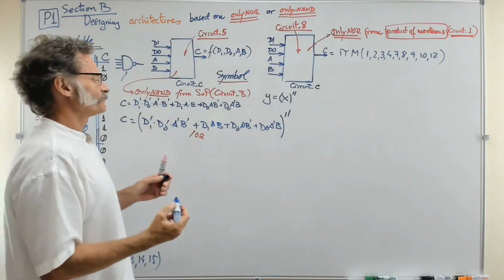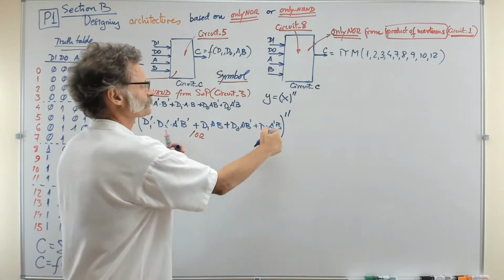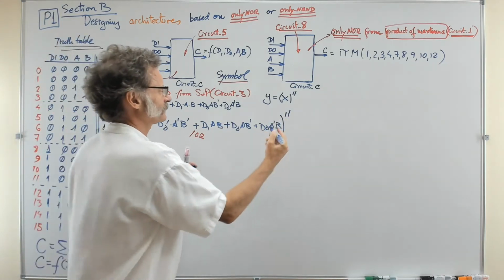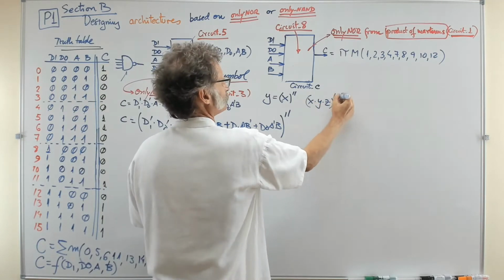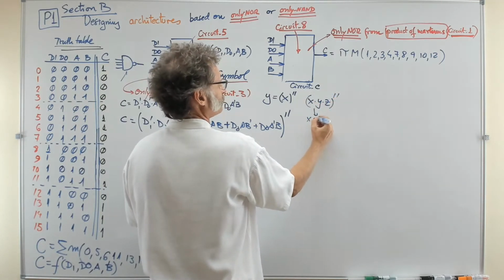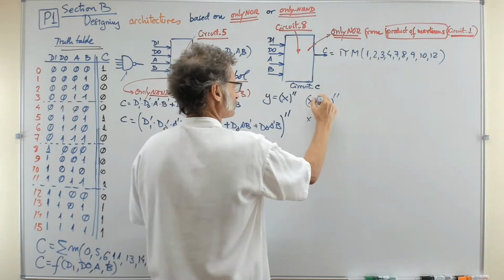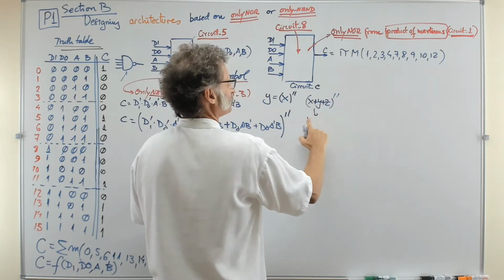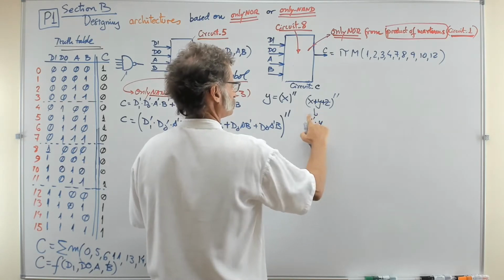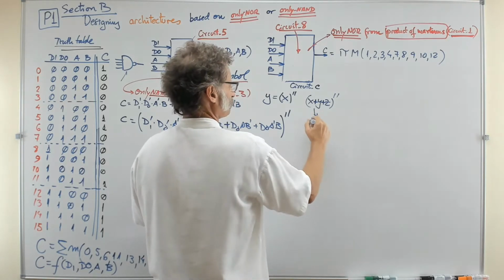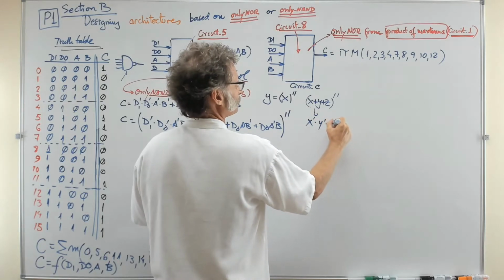Now, using the De Morgan theorem, we can replace one of the nots by this idea: not of x or y or z is just x not and y not and z not.